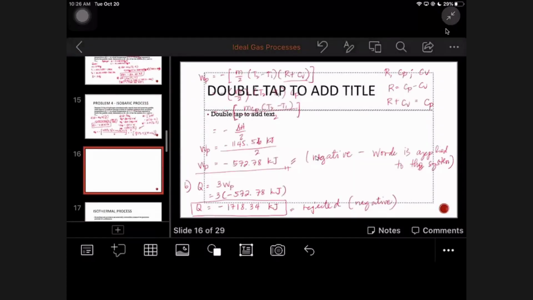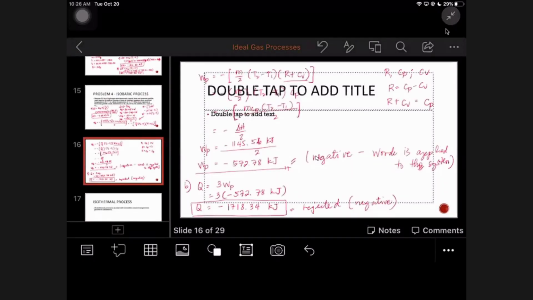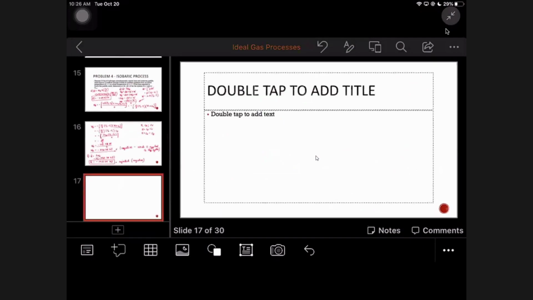Okay? Meron pa tayong hindi nasosolve. Isa pa? Okay, dagdag uli ako ng slide. Okay, let's have letter C. Anong question sa letter C? Letter C ay WNet or the network.